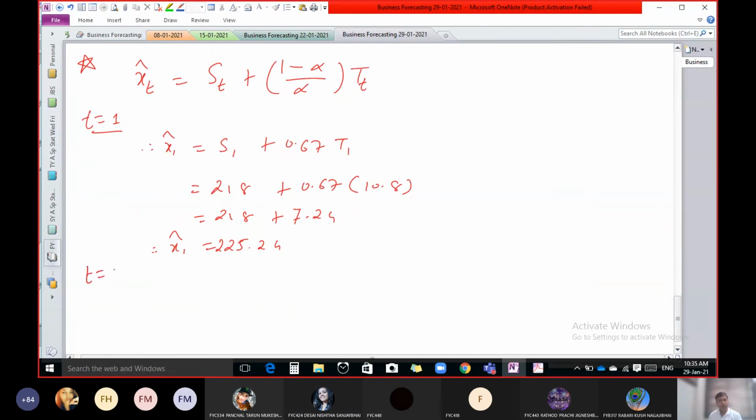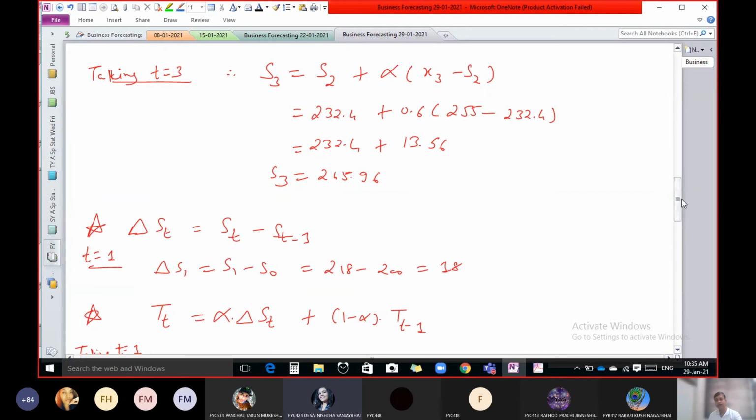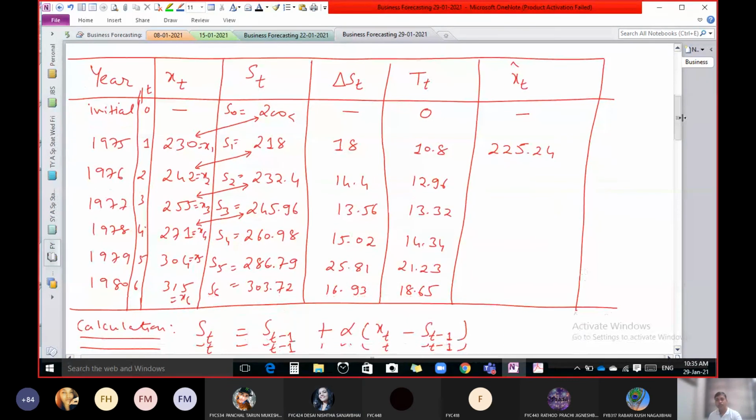Now take t equal to 2. Now tell me the formula for X2 cap. S2 plus 0.67 T2. What is T2? See the table. T2 is 12.96. And what is S2? 232.4.